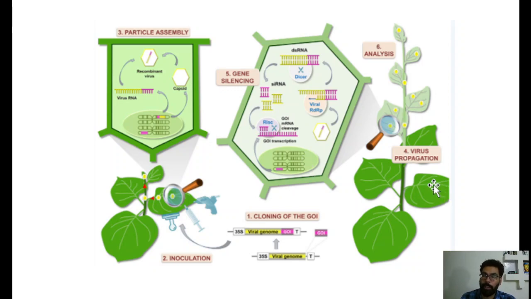If we are inoculating here, we can see the symptoms at the upper portions of the leaf, because the virus will move through the phloem, so it will move upwards. Suppose this gene silencing was for the green color of the plant. If we silence the chlorophyll synthesis gene, you can see bleaching symptoms at the upper portion of the plant.